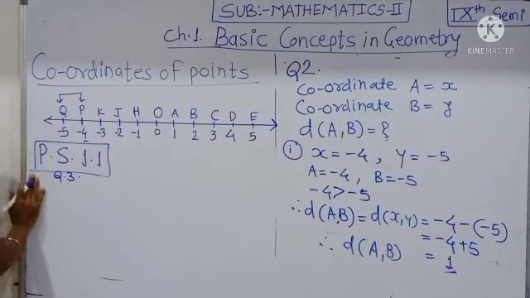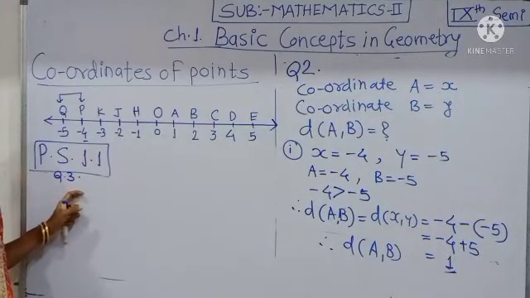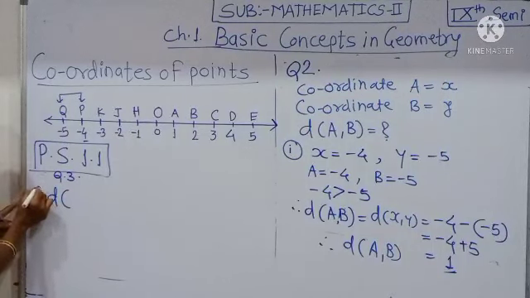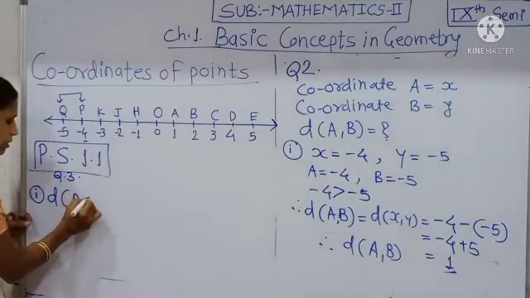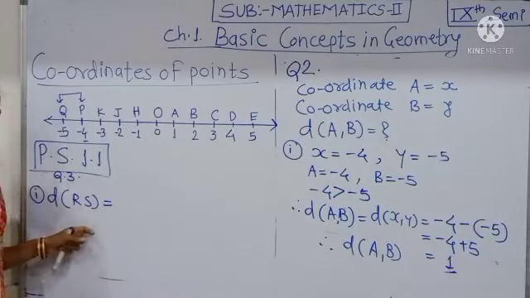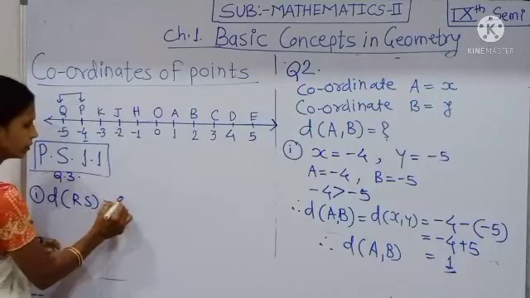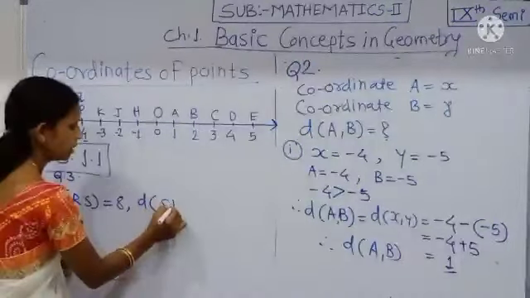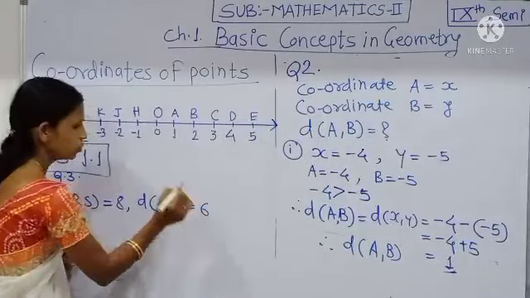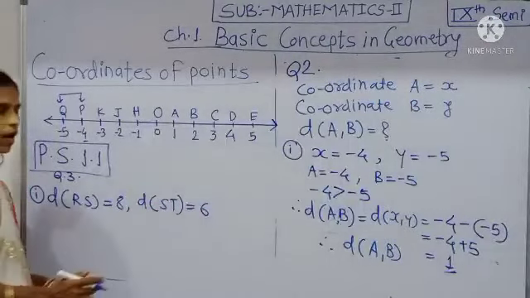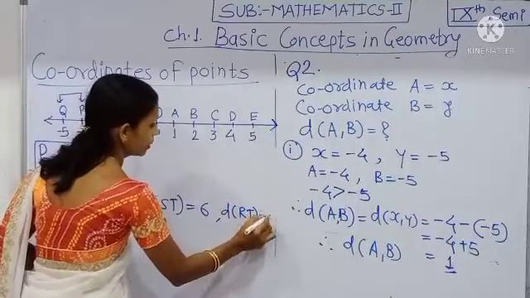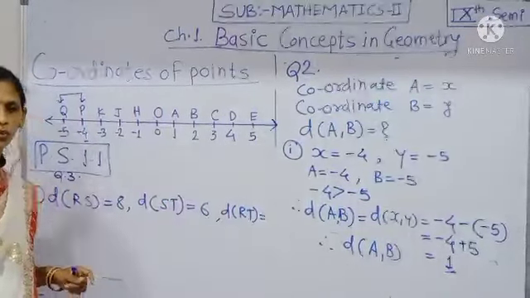One of the examples is given: dRS is equal to 8, dST is equal to 6 and dRT is equal to 4.